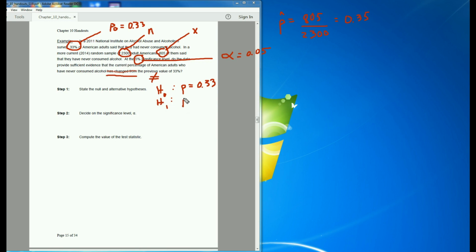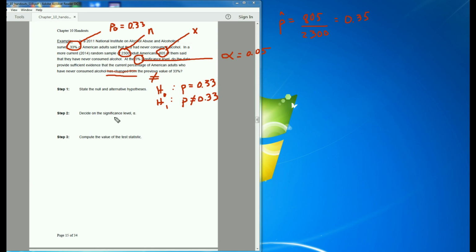Is it not equal to that number anymore? Writing that alternative hypothesis correctly is so important, because the entire rest of the analysis keys off of the symbol that you have used in H1.